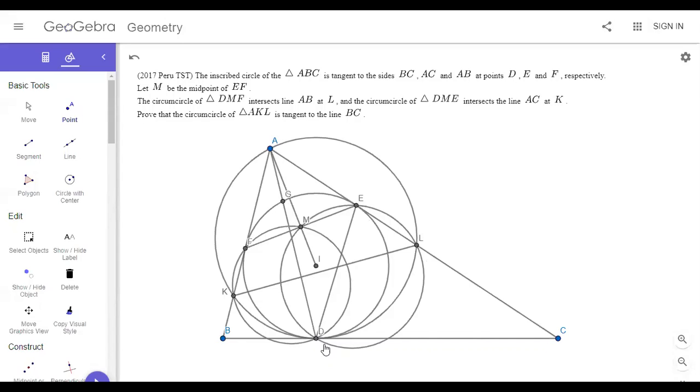I just have a bunch of stuff going on in my head right now. Okay. Let me think about the best way to say this. Because angle CDG is equal to angle DFG, which is equal to angle DME.